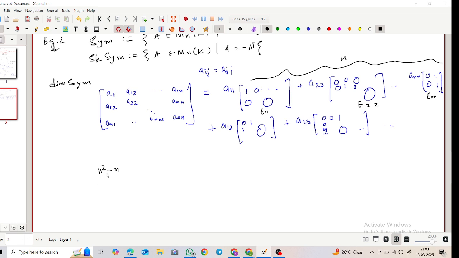For that you are choosing (n square minus n)/2, because A12 is A21, so it's enough to choose A12. For Aij and Aji, you have to choose only one of them. So the dimension is this. Clear?